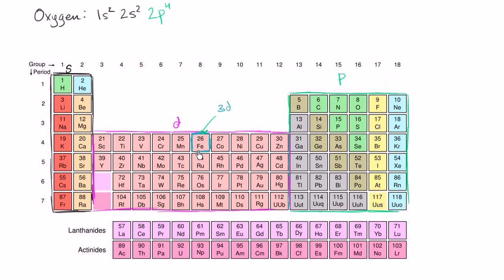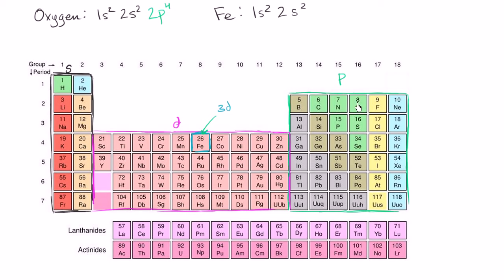But let's make that a little bit more concrete by figuring out its entire electron configuration. So this right over here is iron. So let's see, 1s2, 2s2, then we fill out the p block to get up to the electron configuration of neon.